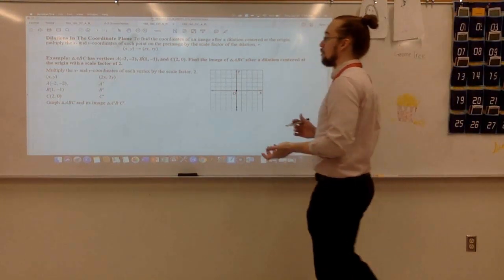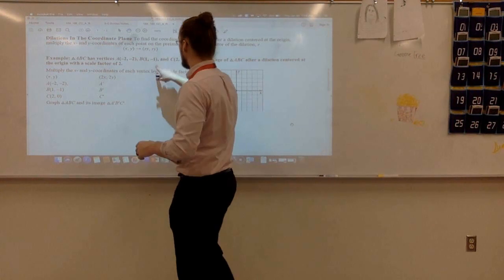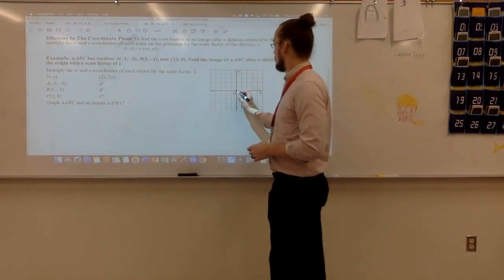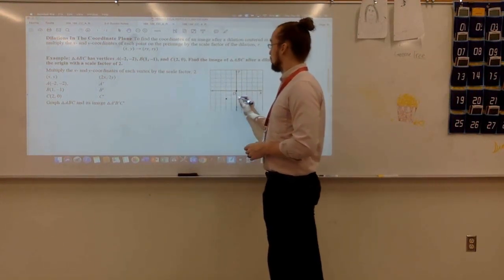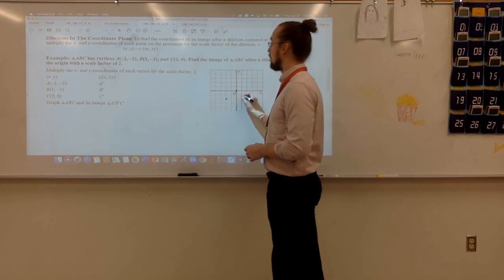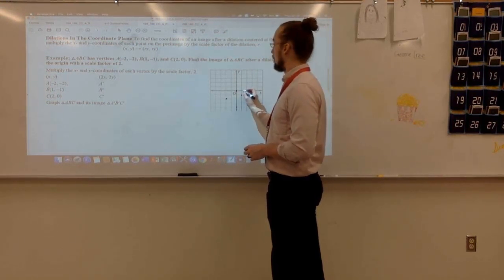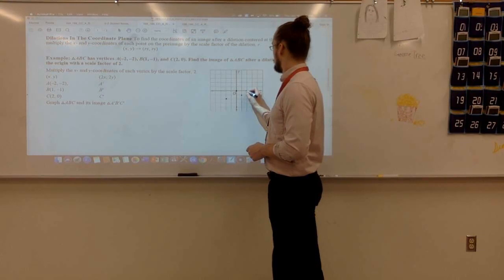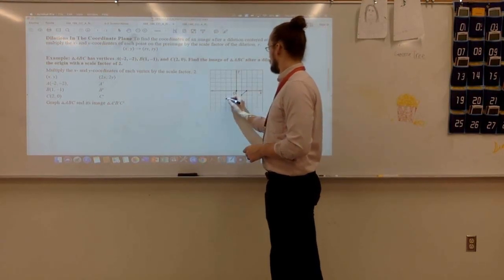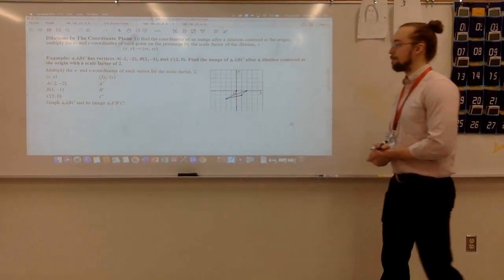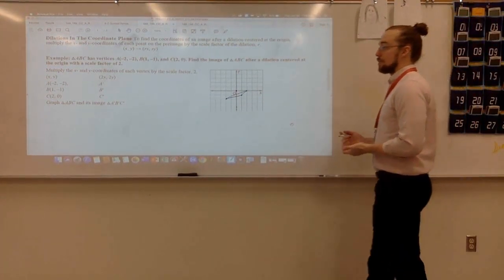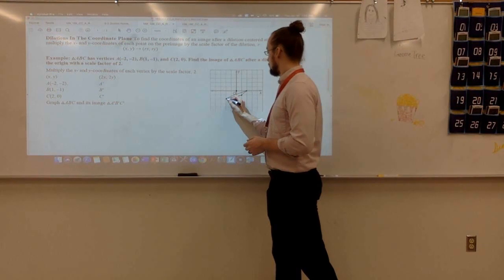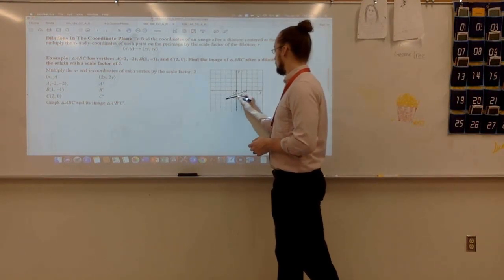So, in this example, our original triangle is at these 3 points, -2, -2, 1, -1, and 2, 0. So kind of a skinny triangle here. And my center of dilation is the origin.